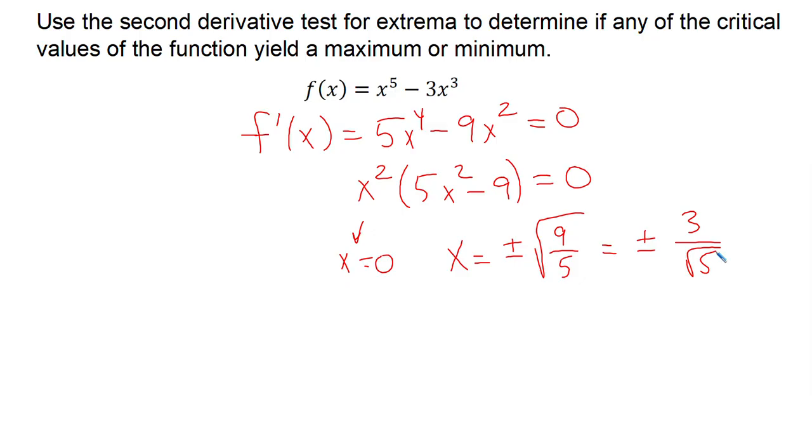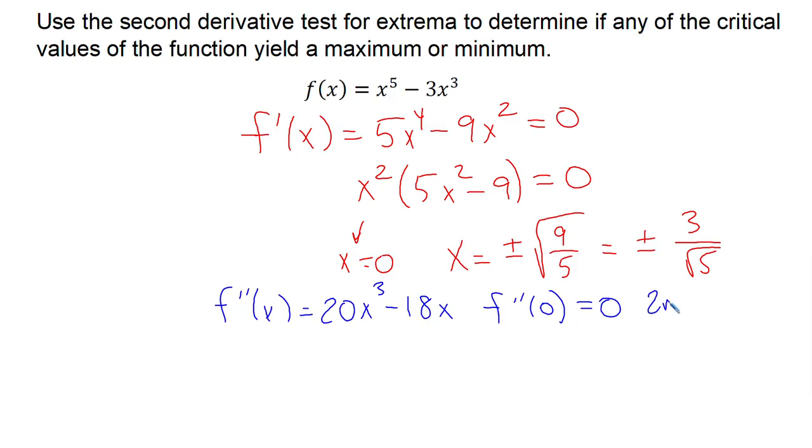And then we'll find our second derivative here. So f double prime is going to just be 20x cubed minus 18x. And we'll evaluate that first at 0. And so f double prime of 0 is 0, which tells us that the second derivative test has failed us here.